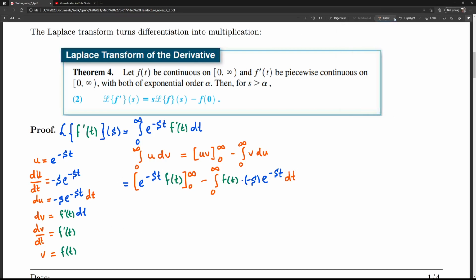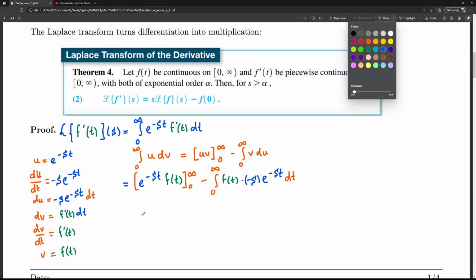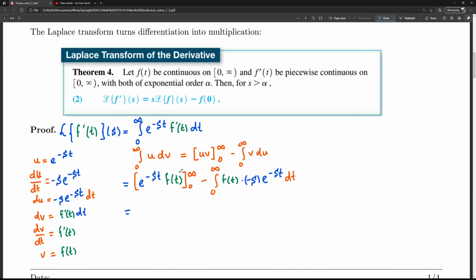Okay, now my first part here, I should be using a limit as n goes to infinity, but let me just plug in infinity.